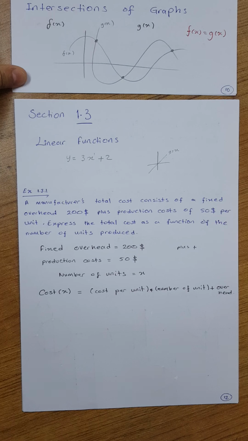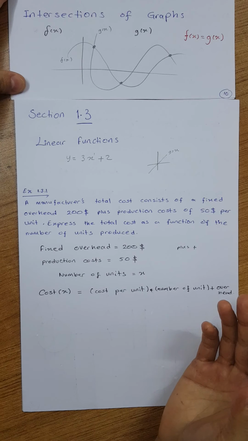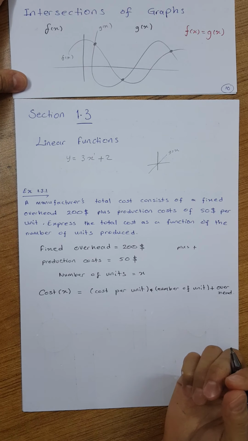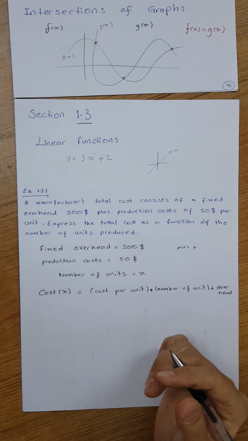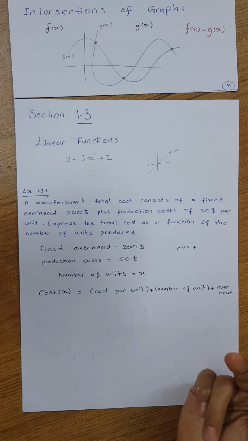If you have got one mobile phone, if you're selling it for example, $200, what will the cost of 2 mobile phones be? That will be 2 multiplied to $200. 3 mobiles, 3 multiplied to $200. So cost per unit multiplied to the number of units sold.